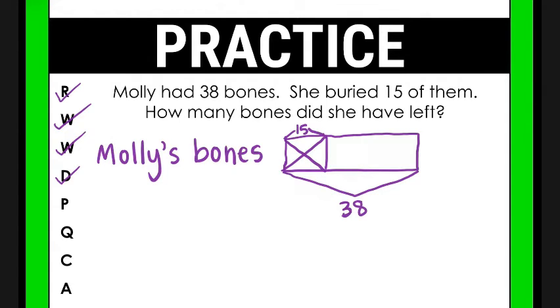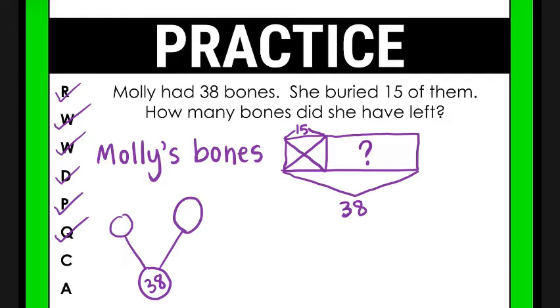Now I'm to my question mark. My question says, how many bones did she have left? Well, if she started with 38, she buried 15. This right here is going to be the amount that she still has. So there's my question mark. So now if I'm thinking about this as a number bond, my whole would be 38.